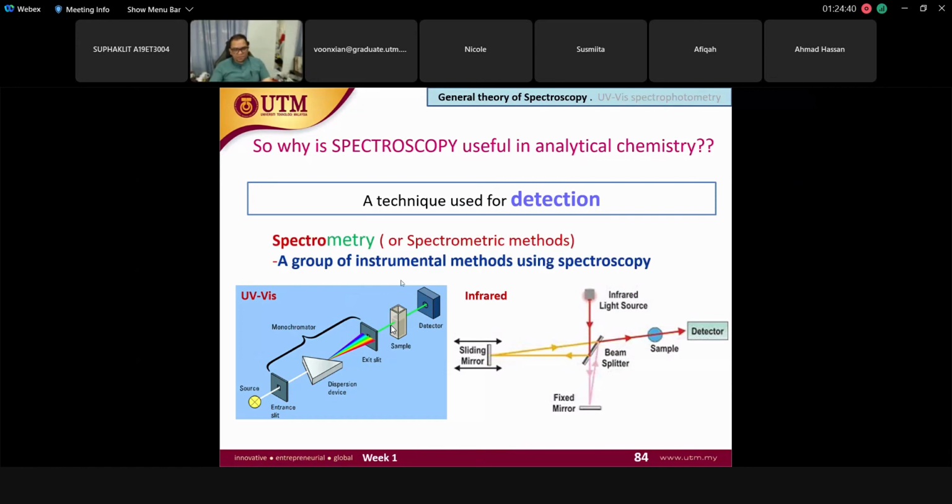And spectrometry, or the spectrometric methods, is a group of instrumental methods using the spectroscopy technique. We have a lot of instruments utilizing or applying this spectroscopy knowledge.